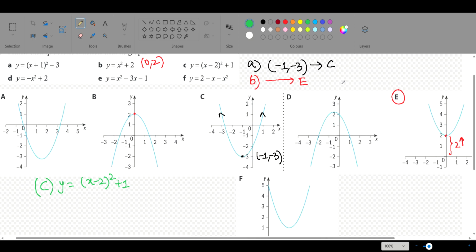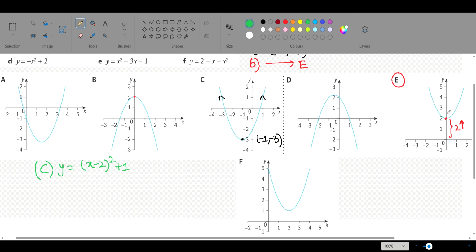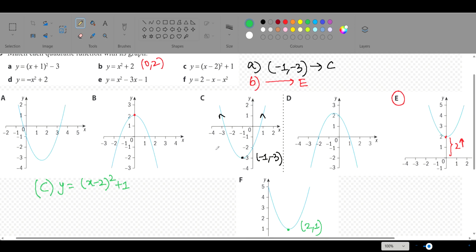Yes. Which one is having 2 comma 1 as the vertex? I think the part F. And other than that, this is a concave up parabola. So just look into that again. The C parabola, is it concave up? The coefficient of x square is positive, so yes, it is concave up.